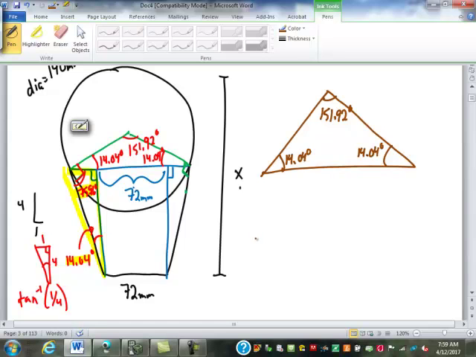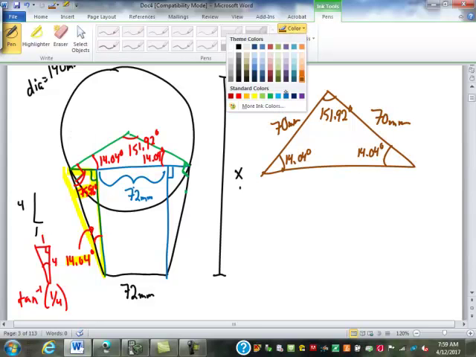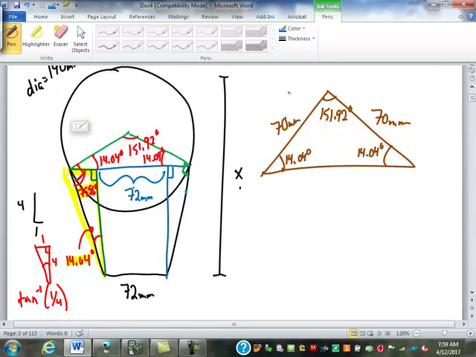So making that triangle a little bigger, we've got the 14.04, the 14.04, the 151.92. This is the radius. The diameter is 140, so this is going to be 70 millimeters. And 70 millimeters. We now know all of the dimensions of that triangle.